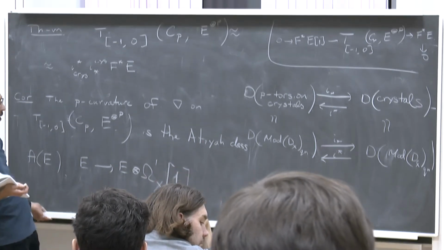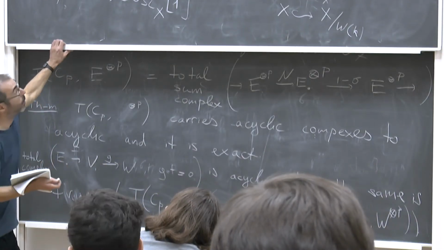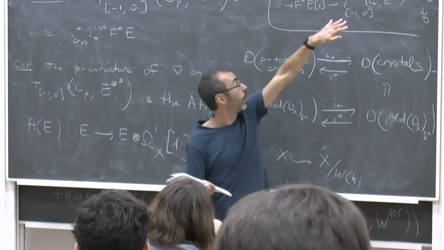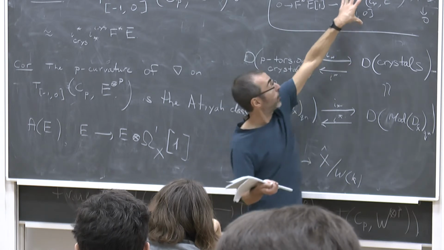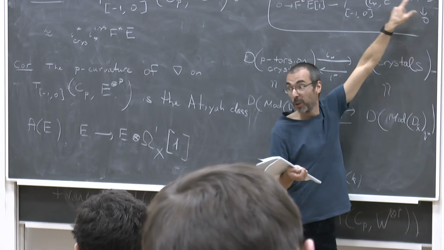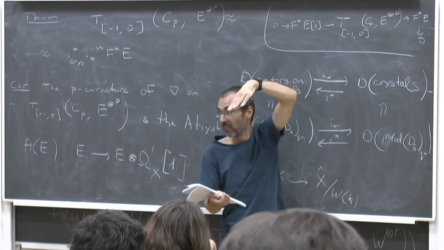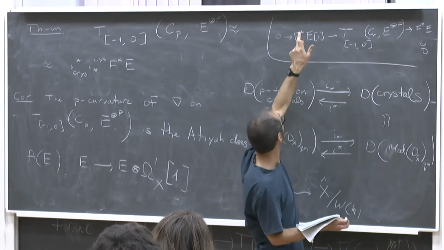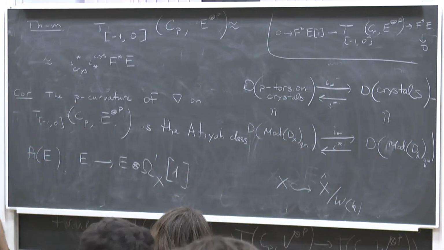Whenever you have an extension of two guys with zero p curvature, the p curvature here is a map from the quotient to the sub. And because it's flat with respect to the connection, it's actually a map from E to this E. That's what we see.